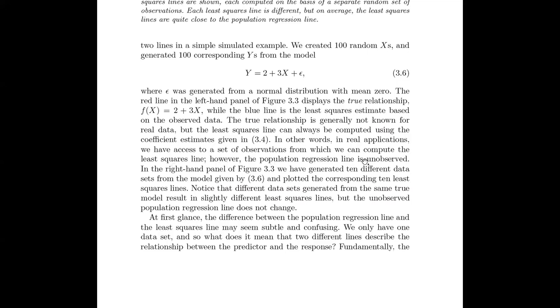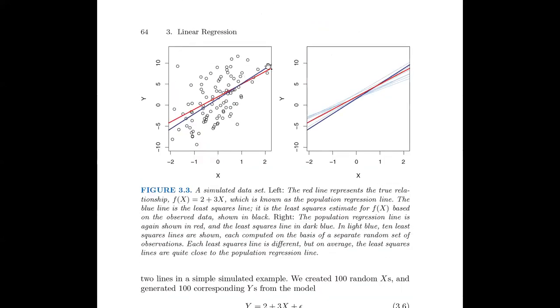However, the population regression line is unobserved. In reality, you will only have the blue line. You cannot simply say, does my blue line look like it's close to the red line? The red line is not available. That's the point of applying these statistical learning techniques. You will only have the black data.